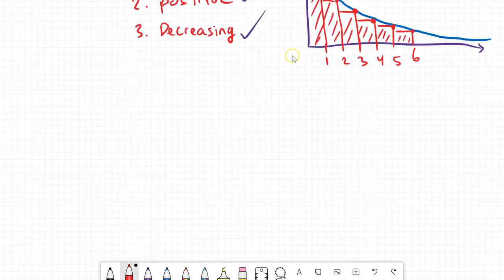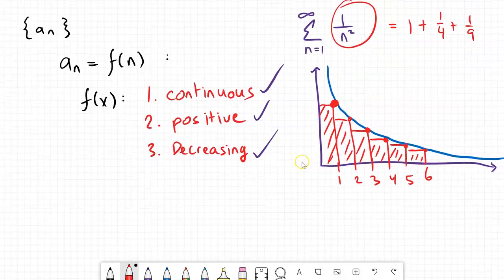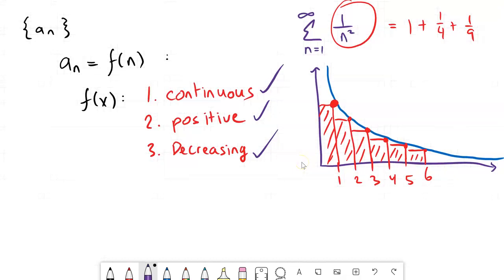So, what does the integral test say? I'm going to keep this picture right here. What does the integral test say? Integral test. It says, given, let me write it in, I guess purple's fine.